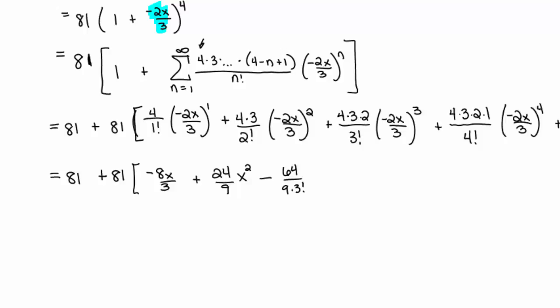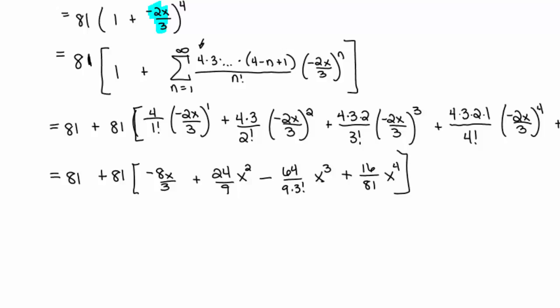I'll just write it that way. And let's see. And that would be, by the way, x cubed. And finally, the x to the 4th term. It's 4 factorial over 4 factorial, so that cancels out beautifully. But we have plus 16 over 81 x to the 4th.